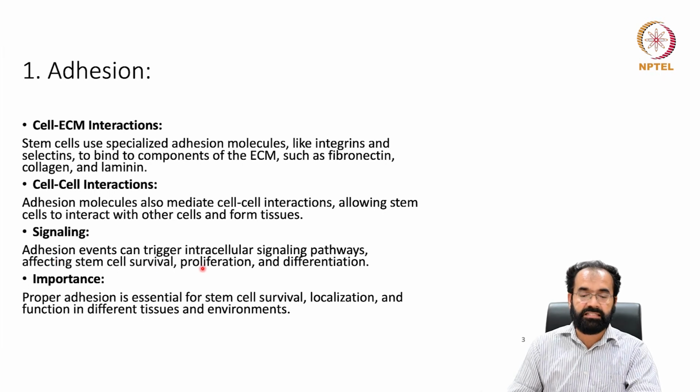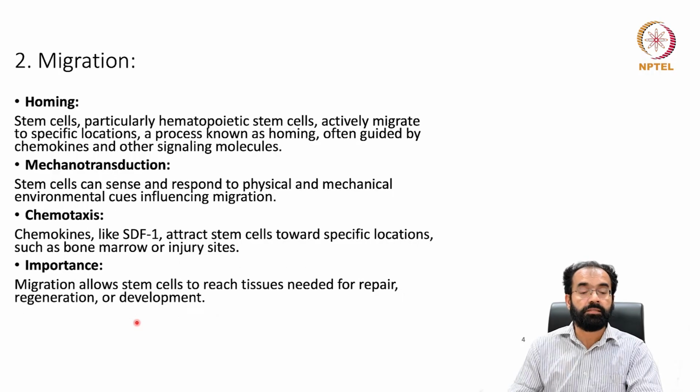Adhesion events can trigger intracellular signaling pathways affecting stem cell survival, proliferation and differentiation itself. So what is the importance of all this? In a nutshell, you can say proper adhesion is essential for stem cell survival, localization and function in different tissues and different environments. So now look into the next aspect, that is the migration.